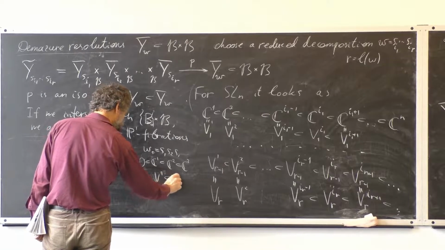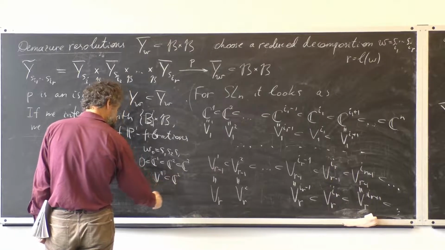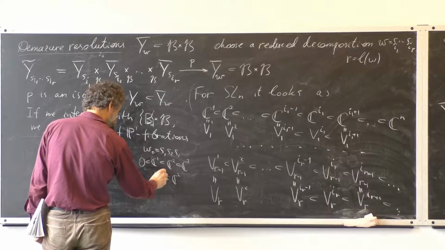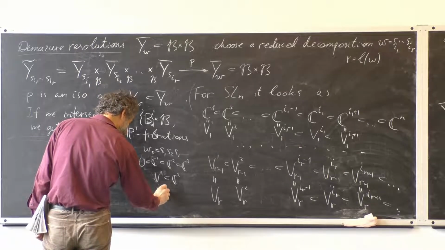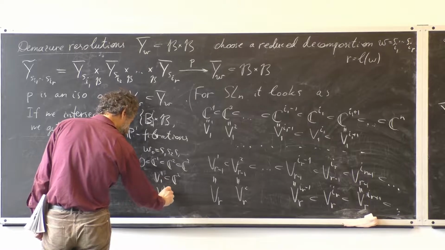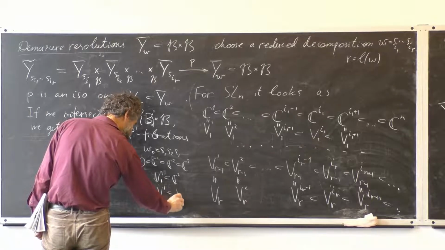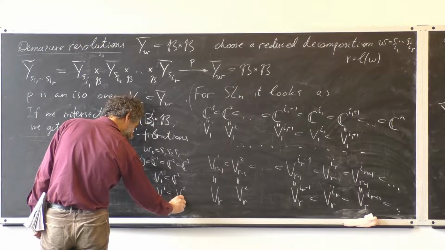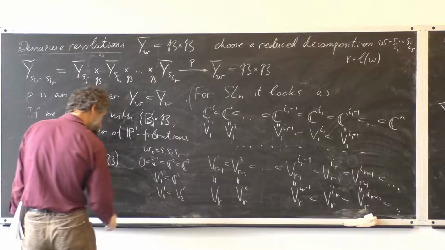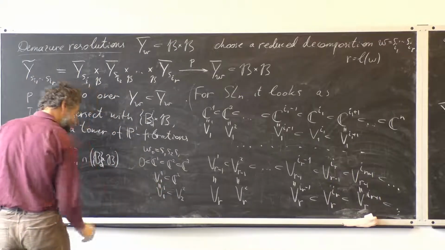V1, C2. Then in the next step, I'm allowed to move that one. So the same V1, but now it lies inside V2.